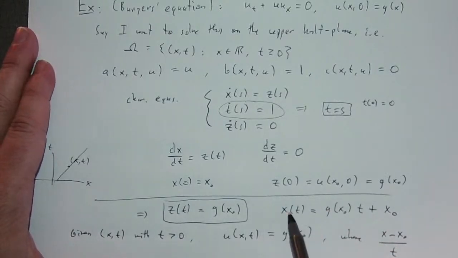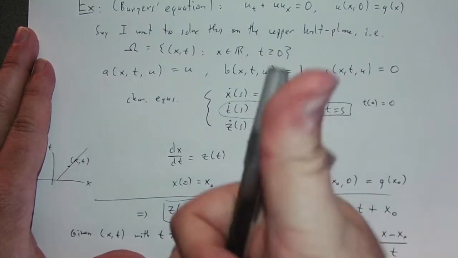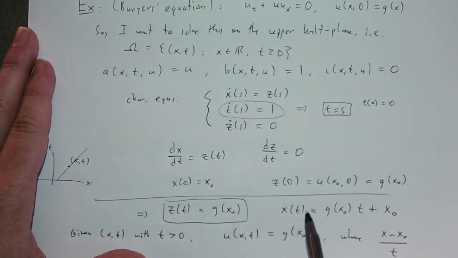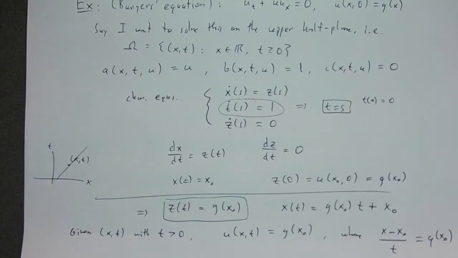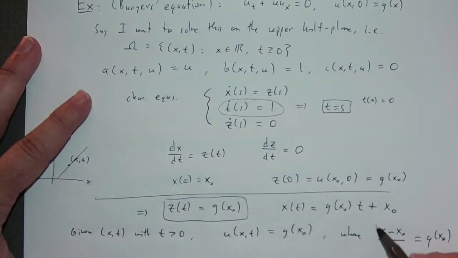I solve for a generic point x, t that satisfies these equations that I've gotten for x and t. Here, t is equal to s, so I don't need to do anything there. So I have x is equal to g of x naught t plus x naught. So x minus x naught is equal to g of x naught, or sorry, times t. So dividing through by t, that's my g of x naught here, right?